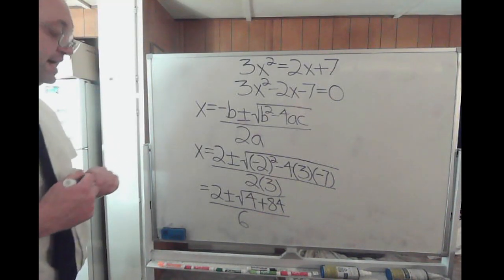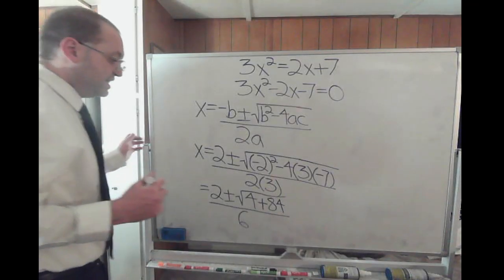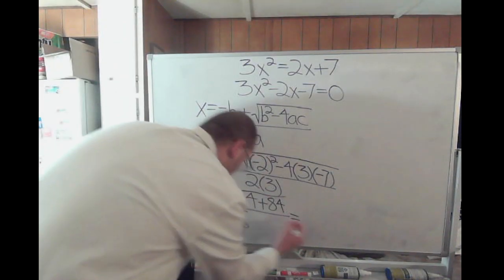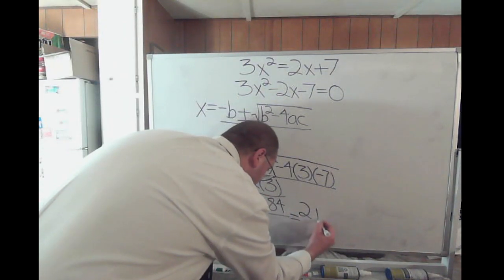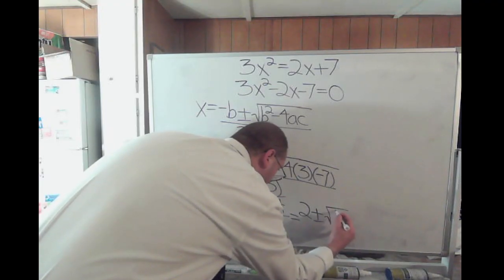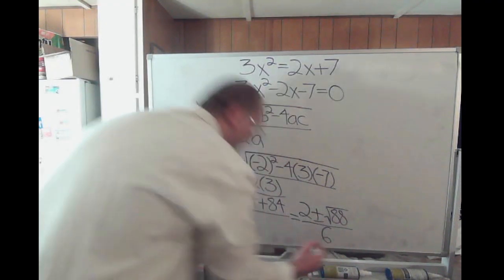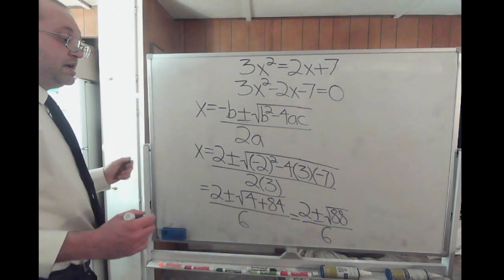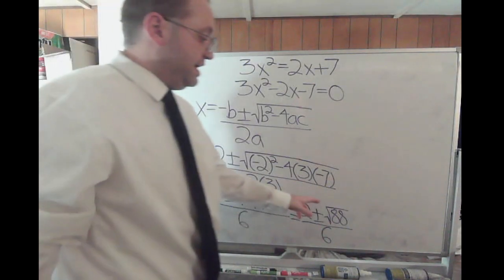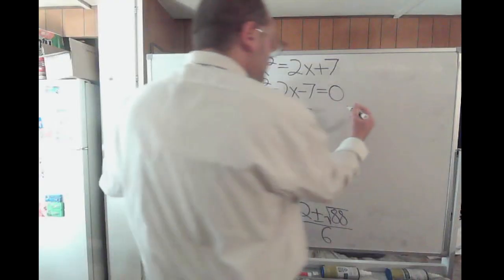What we have to do now, let's take this a step further here. This would break down into 2 plus and minus the square root of 88 all over 6, which is still not looking very nice. But we know the square root of 88 will break down. I'm going to move this up here.